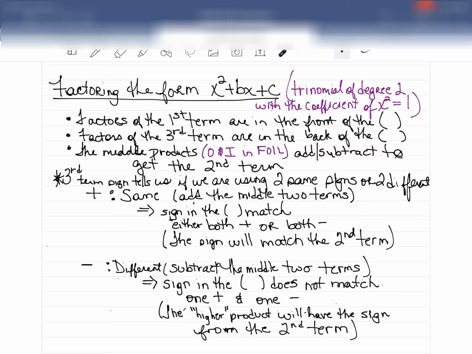The sign in the parentheses will match. They will either be both positive or both negative. And whatever sign you're going to use is going to come from that second term.